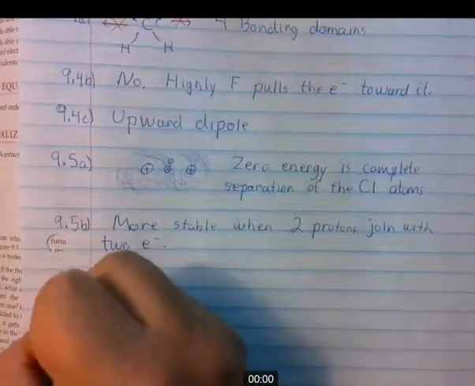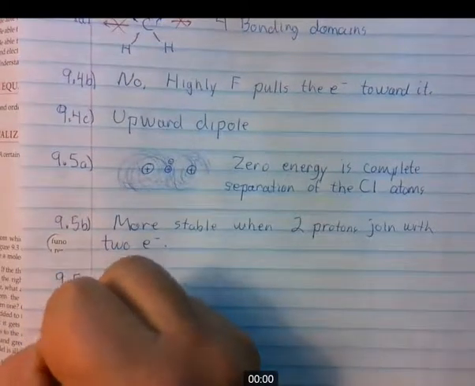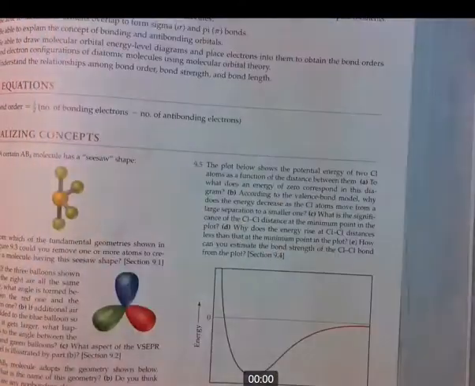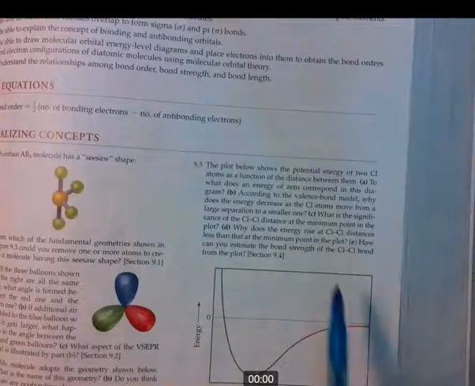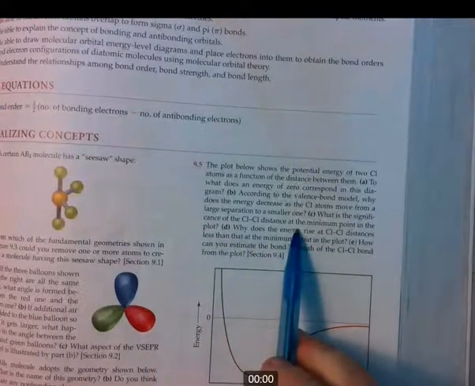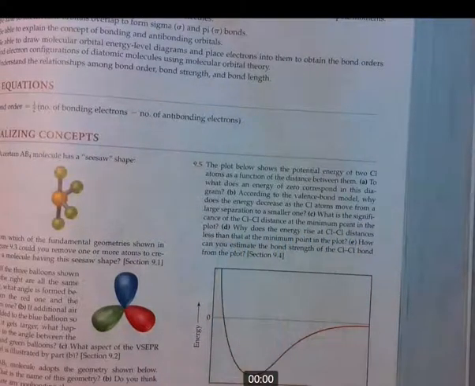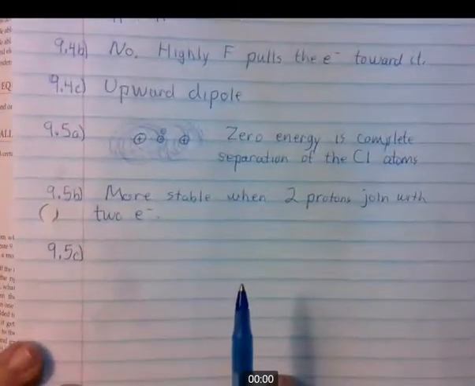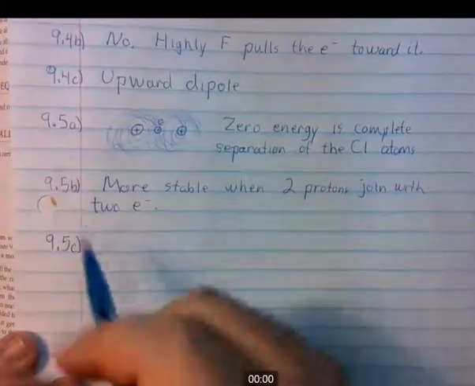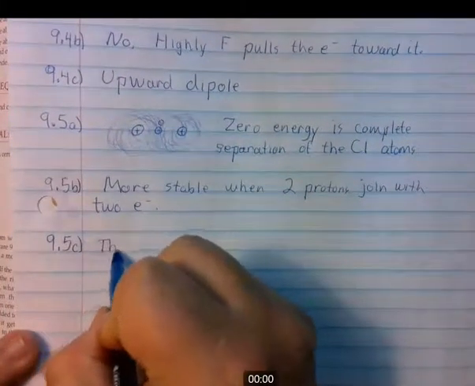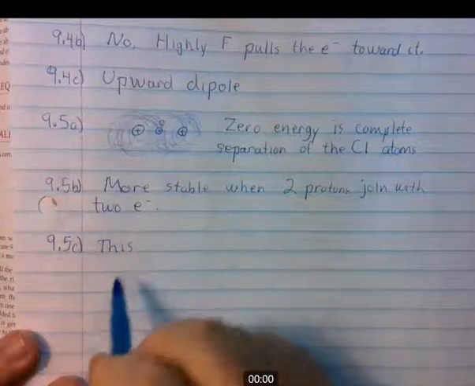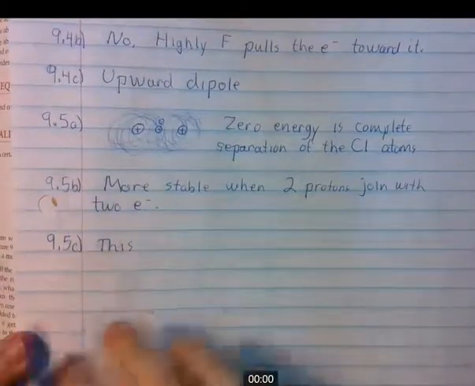Okay, 9.5 C. What is the significance of the Cl-Cl distance at a minimum point in the plot? So this is the point, and you should write this as a complete sentence. I'm not writing a complete sentence, I'm giving you just an answer here.